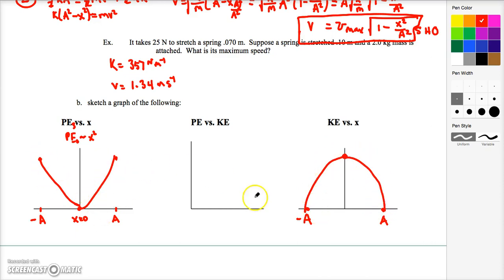You've got a happy parabola, a sad parabola. So let's plot PES versus kinetic. When PES is at a maximum, KE is at a minimum, and vice versa. And we get a nice linear relationship. So that's all for now.